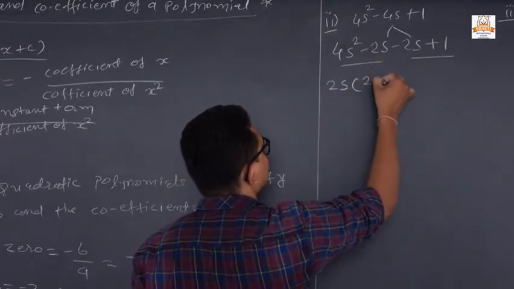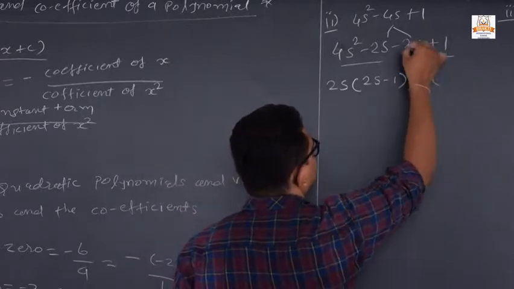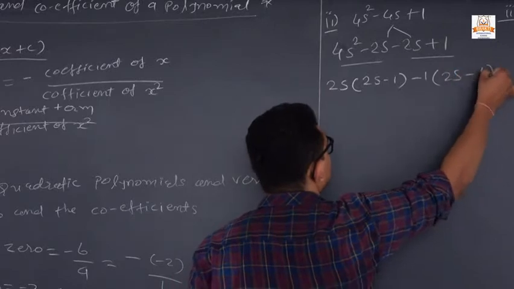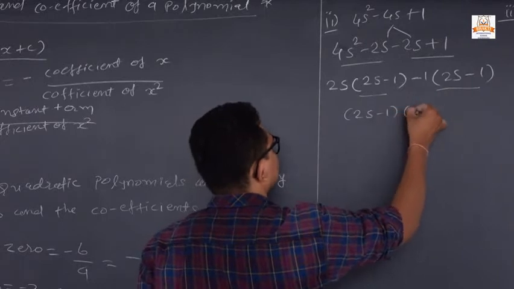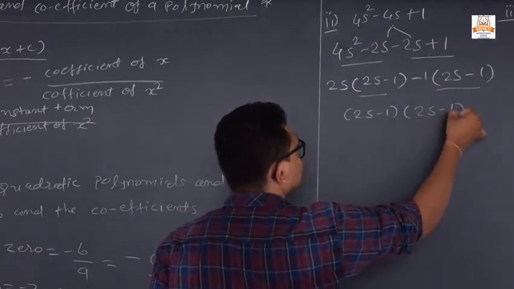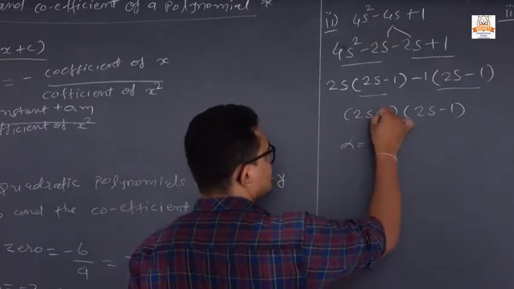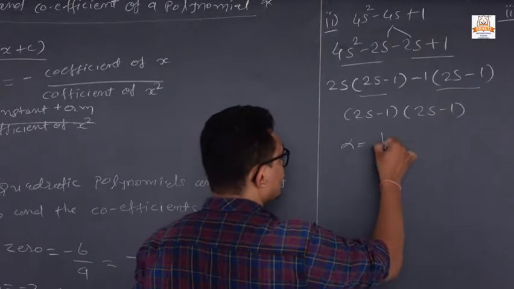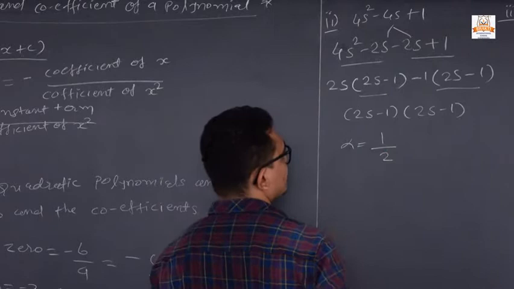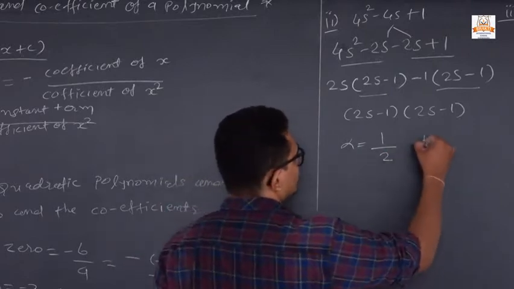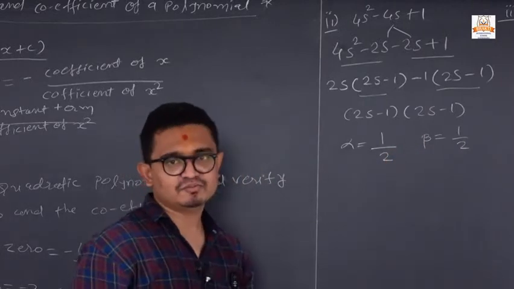So 2s minus 1. Once again minus 1 is a common, so minus term becomes plus and plus term becomes minus. So one bracket 2s minus 1. Second, once again 2s minus 1. So what is our first zero value? Alpha is, if it is going to the second side, so it becomes plus, and it is in multiplication, if it is going to the second side, so it will become the denominator term. So now beta, once again 1 by 2. So both are the same value, 1 by 2, 1 by 2.